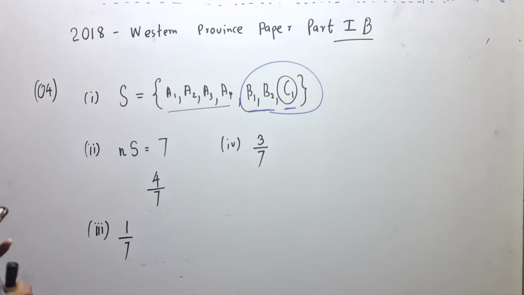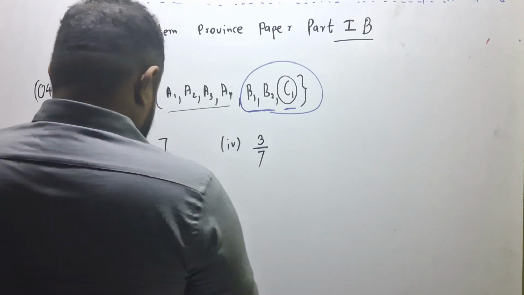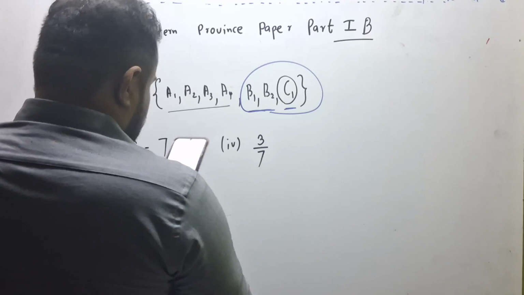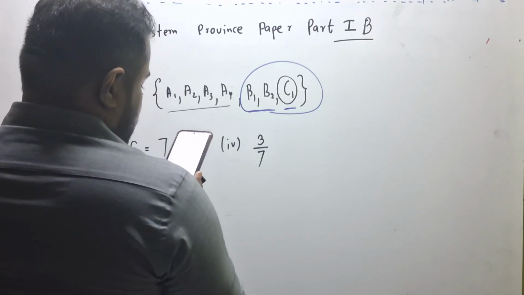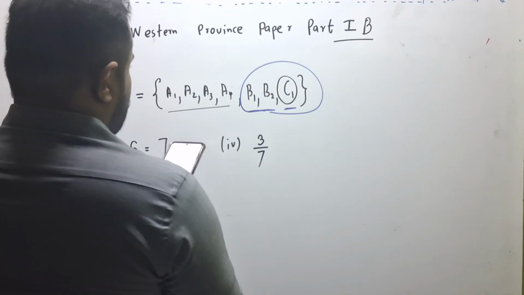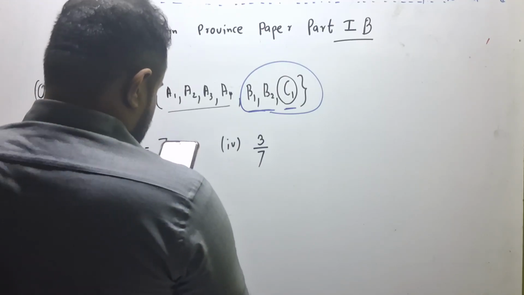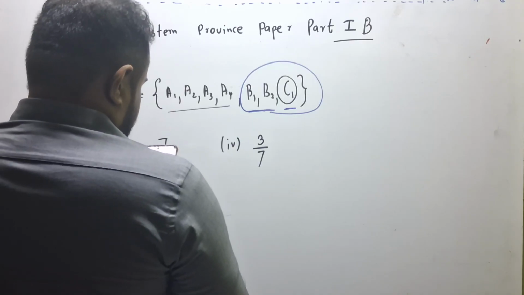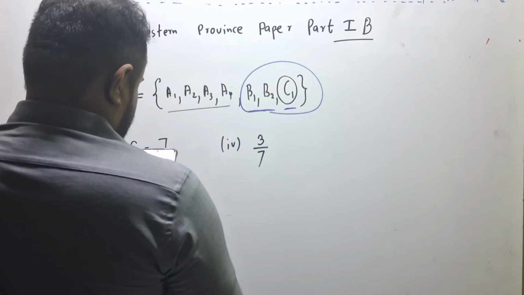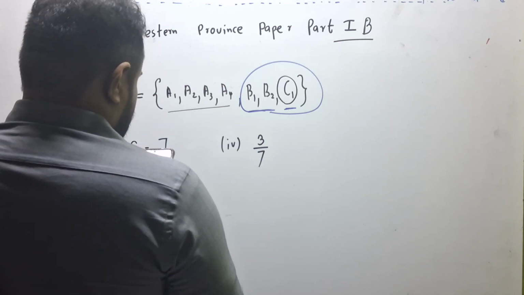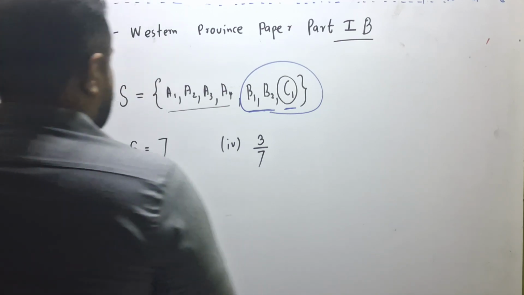Now the fifth question. Find the probability of that person being one who wears a red belt but not a cap. Red belt but not a cap. So we are only taking B1 and B2.